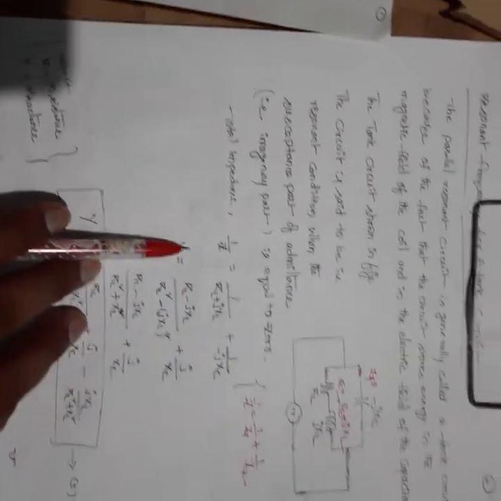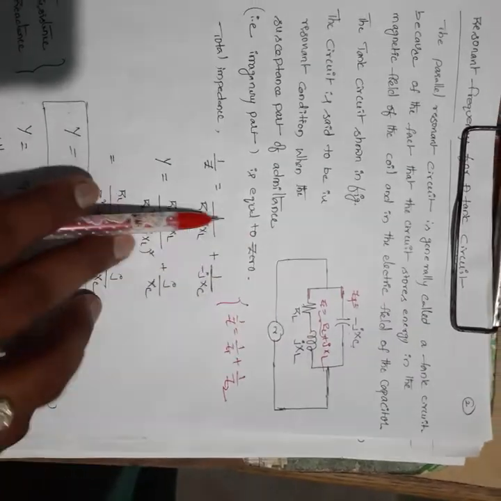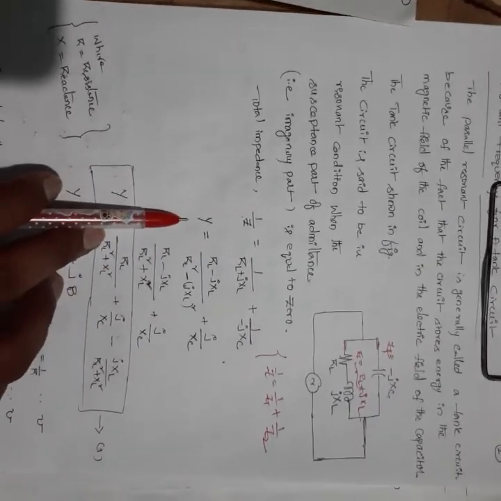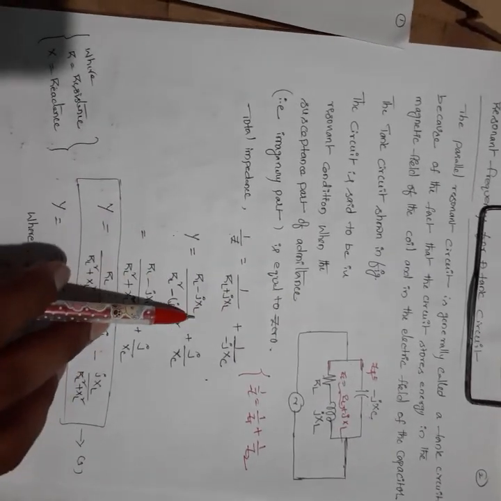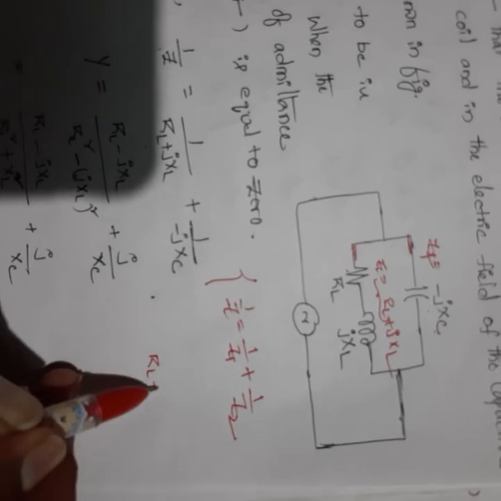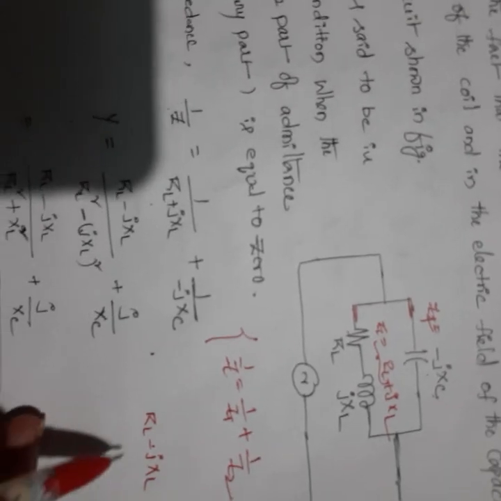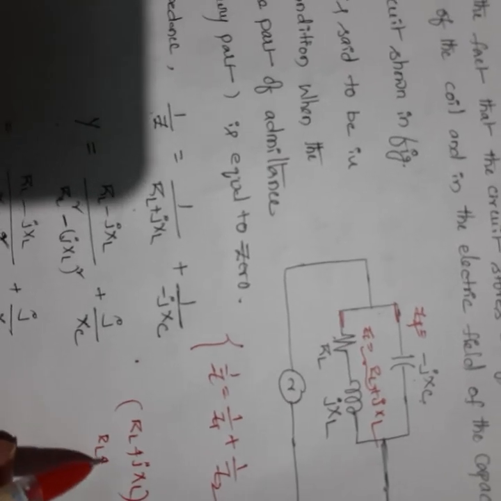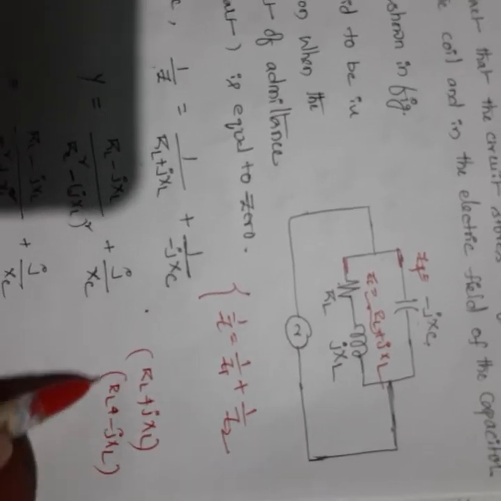Similarly, taking this formula, 1 by Z equals 1 by (R_L plus jX_L) plus 1 by (minus jX_C). Here 1 by Z is nothing but admittance. Multiply by the conjugate of R_L plus jX_L, which is R_L minus jX_L.